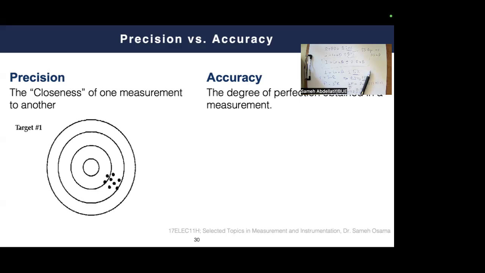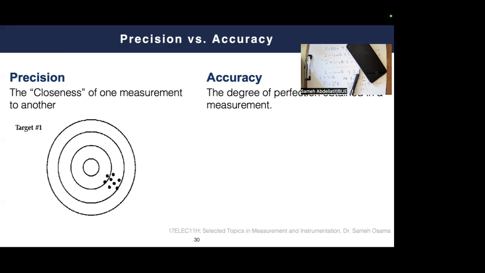So precision is to what extent these measurements are close to each other. For example, let me say that I'm going to measure the weight of my mobile. I bought a scale, and I put this mobile phone on the scale 100 times.